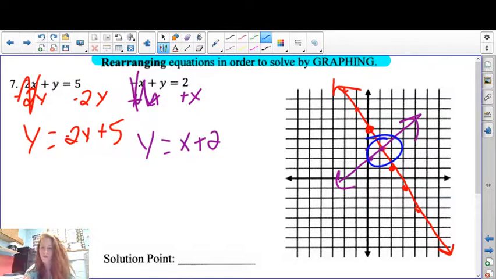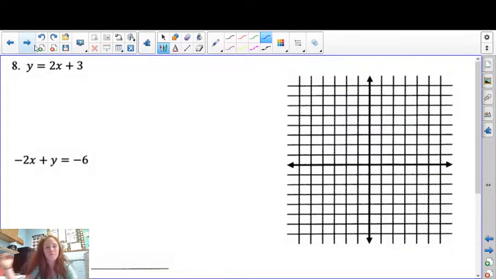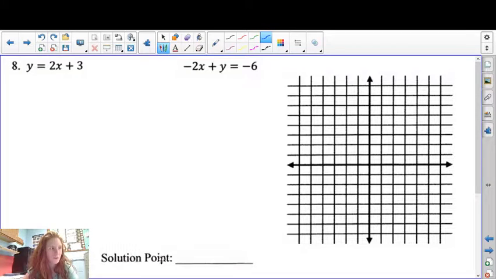My solution point exists there, so 1, 2, 3. I liked having it over there. And then I need to move him over.